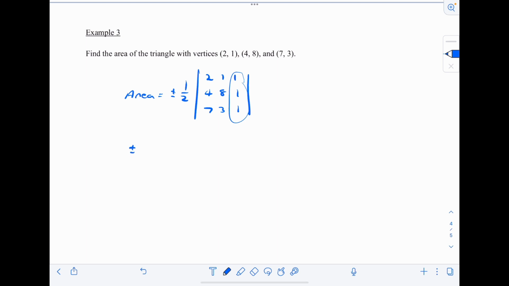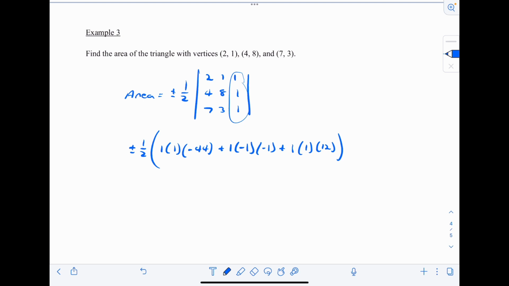We've got plus or minus 1/2. And then for the first 1, that's in the positive position, 12 minus 56 is negative 44. And then plus 1 times a negative 1, that's in the negative position, and 6 minus 7 is another negative 1. And then plus 1 times positive 1, and 16 minus 4 is 12.